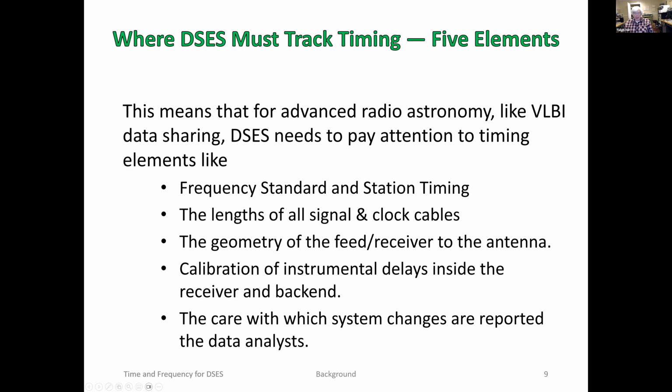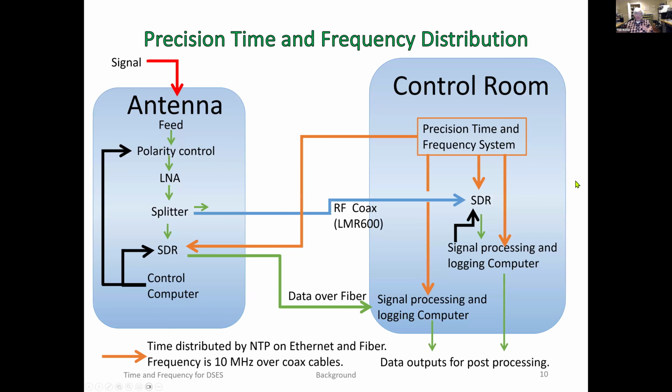But as we get more and more serious about the precision of our measurements for pulsar work or anything else, we're going to want to look at more of the system. Now, this chart is not technically correct. It's sort of generic.